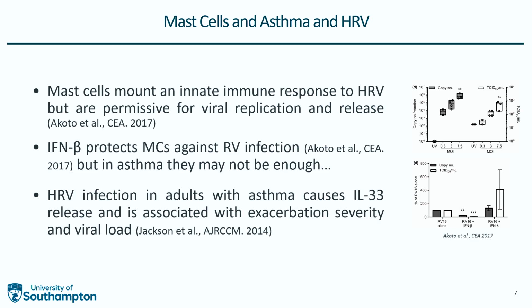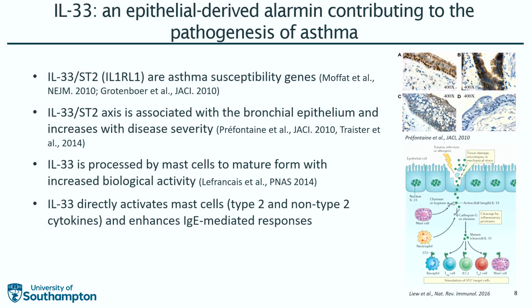We know that in patients with viral infections there is an increase in the epithelial-derived cytokine IL-33, and it's associated with severity of exacerbations. So we wanted to look at the crosstalk between the two, because we know that IL-33 or its receptor, ST2, are asthma susceptibility genes.